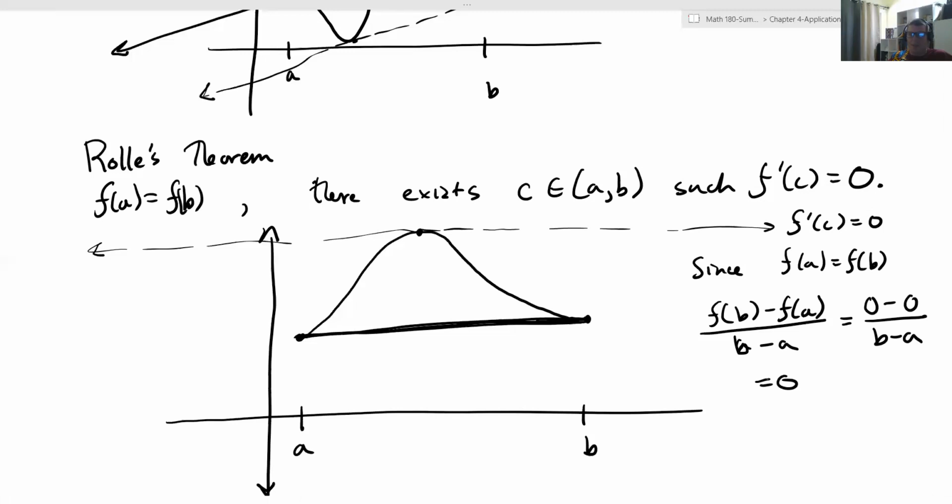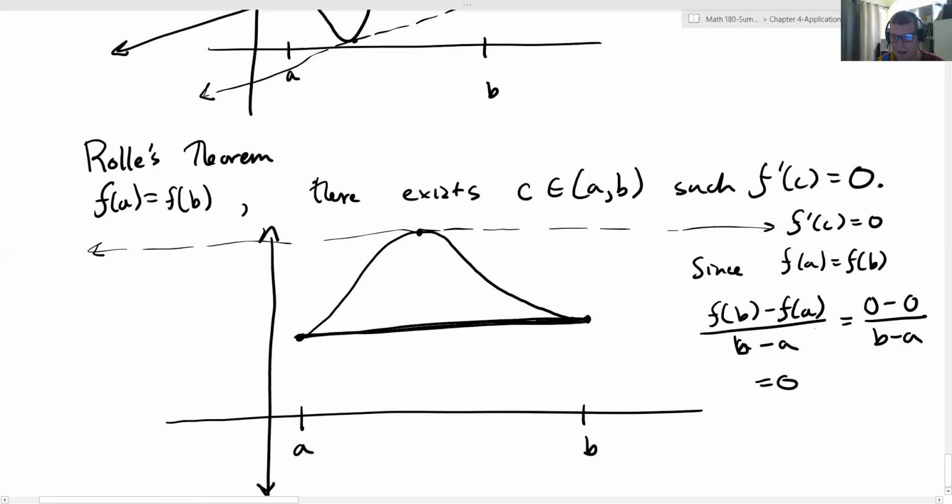All right, let me reiterate that because I was a little all over the place. In Rolle's theorem, we had f of A equals f of B. So what we know then is that there exists a C belonging to A to B such that f prime of C equals 0. What that means is that somewhere we're going to have either a max or a min, some kind of critical number, like f prime of C equals 0 in our case.